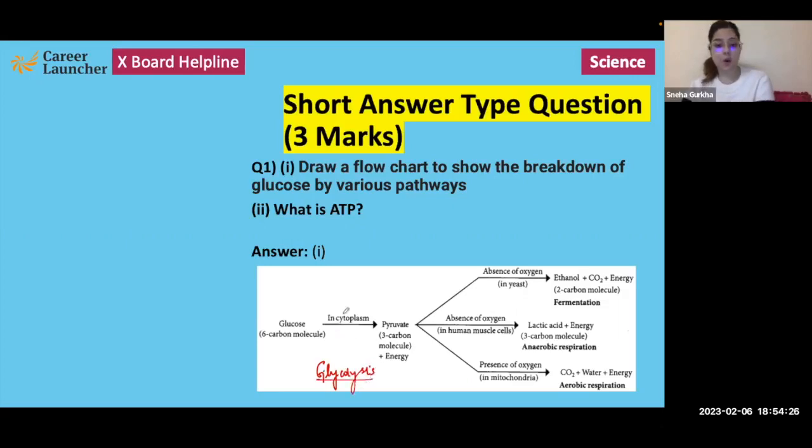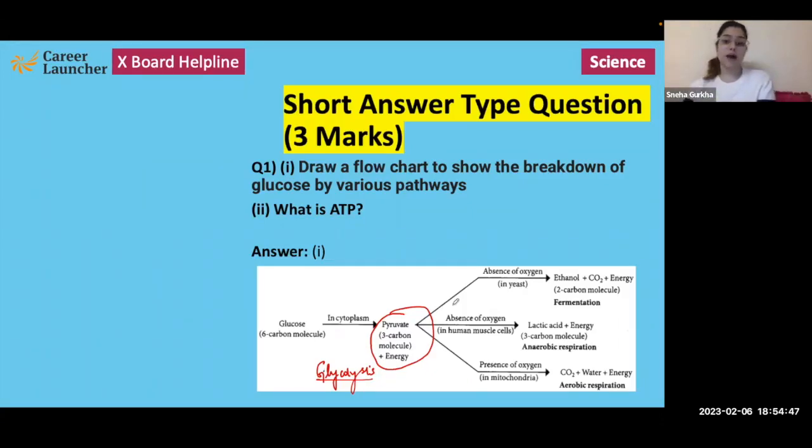Right, so this is a common pathway for both aerobic and anaerobic respiration. Now, this pyruvate, which is formed as a result of the breakdown of glucose, can possibly enter 3 possible pathways depending on whether oxygen is present or not.